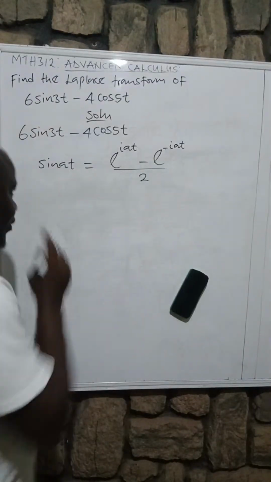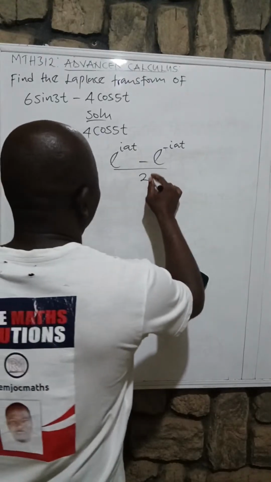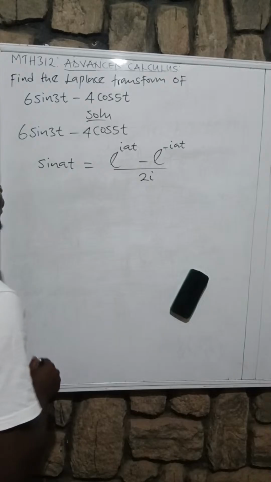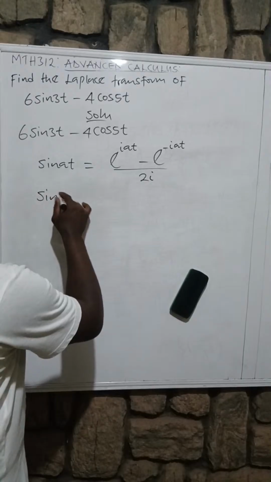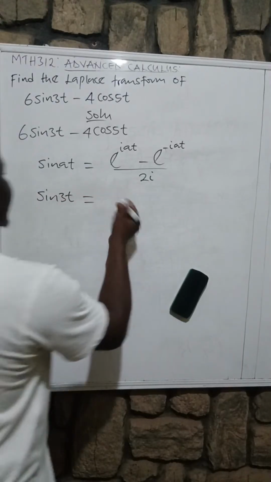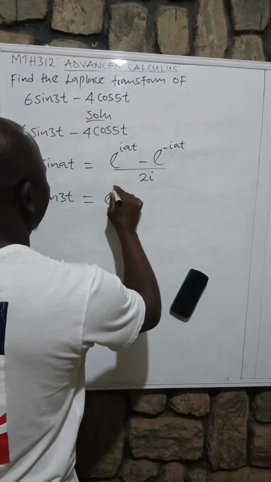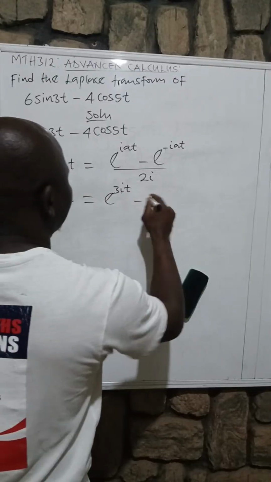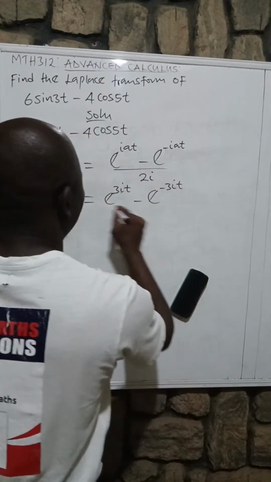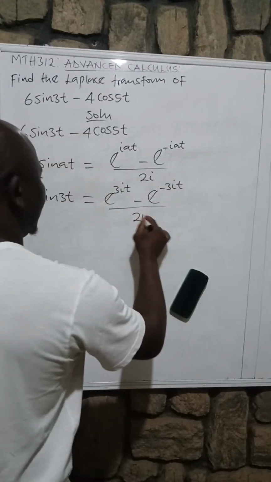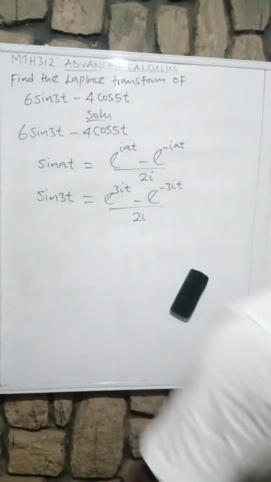True or false? Am I right? Sorry, all over 2i. Am I right? Yes. So if now we have sine 3t, it is the same thing as exponential 3it minus exponential minus 3it, all over 2i. Am I communicating? Look at the board. True or false?